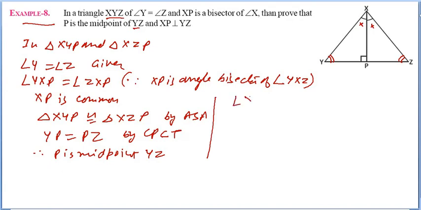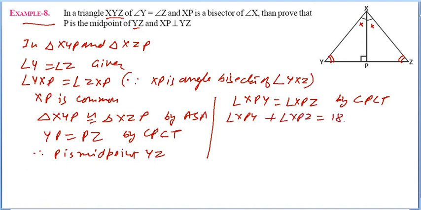So angle of XPY is equal to angle of XPZ by CPCT. But angle of XPY plus angle of XPZ is equal to 180.